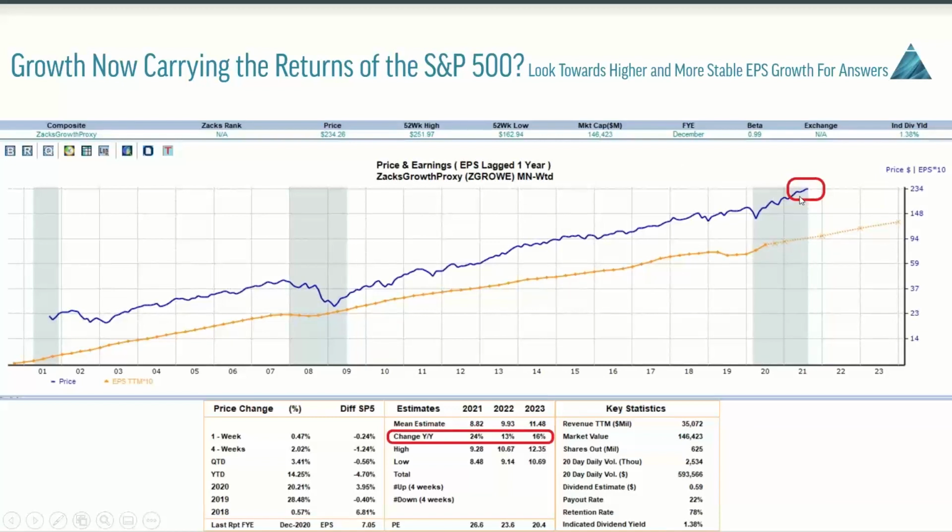So you can see here a much different story, that the growth basket of stocks is actually now carrying the returns of the S&P 500. But remember, the work that I do on the standard industrial portfolio, when I go to produce the cyclical portfolio and the growth portfolio, isn't necessarily indicative of the entire S&P 500.